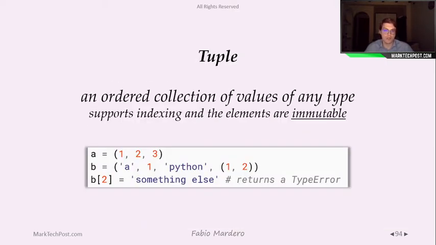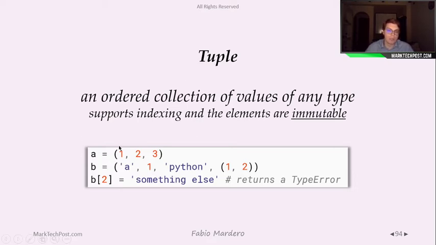What is a tuple? It is an ordered collection of values of any type. So strings are a particular type of tuples. A tuple supports indexing, and the elements are immutable, like the strings.